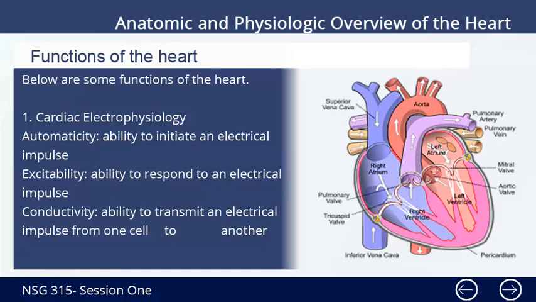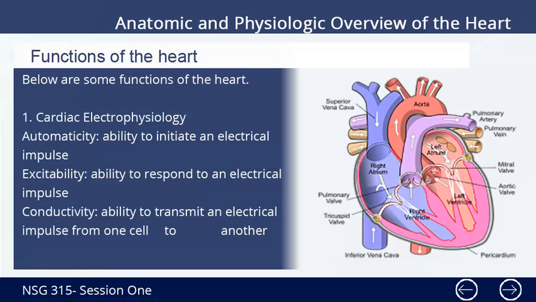The electrical impulses initiated by the SA node are conducted along the myocardial cells of the atria via specialized tracts called internodal pathways. The impulses cause electrical stimulation and subsequent contraction of the atria.